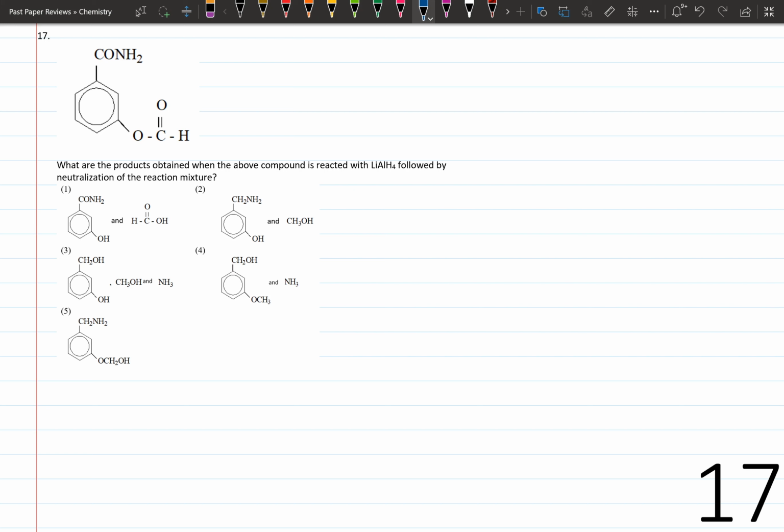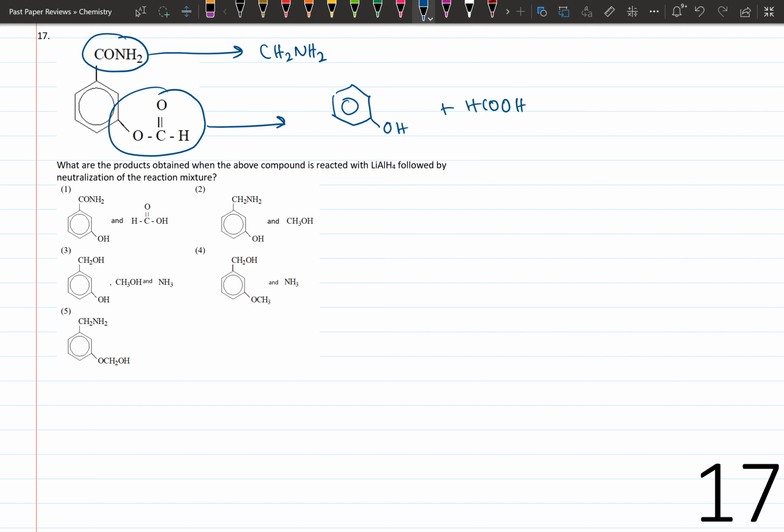Question number 17. What are the products obtained when the above compound is reacted with lithium aluminium hydride followed by neutralization of the reaction mixture? The CONH2 group will be reduced to CH2NH2 by the addition of 2 hydrogen atoms. The ester group undergoes hydrolysis in the presence of lithium aluminium hydride, giving the OH group and carboxylic acid.